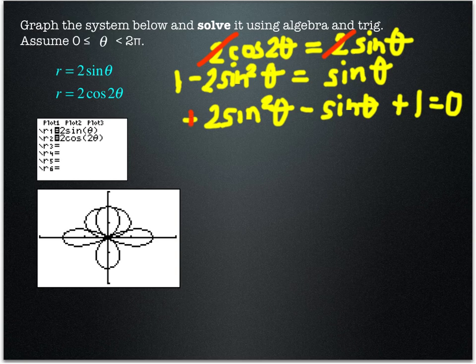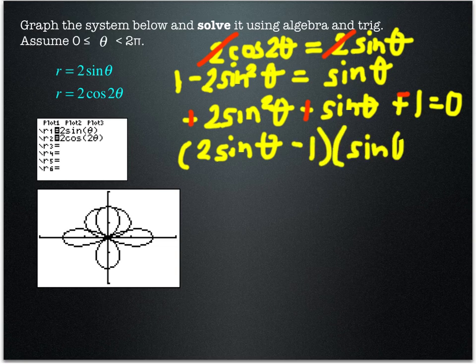So this would be a positive, a positive, and this will be a negative. I can do that just like multiplying by -1. Now I think I can factor this. This is going to be 2 sine theta minus 1 times the sine of theta plus 1. And of course that's going to equal 0.